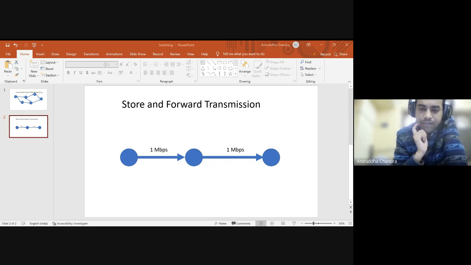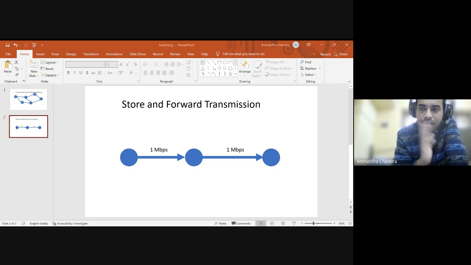And instead of sending the big packet in one go, I am sending the packets one by one. So what happens is that when the first packet is transmitted from node 1 to node 2, it is received. And while the first packet is being sent from node 2 to node 3, the link between node 1 and node 2 is free, so it can carry the second packet.